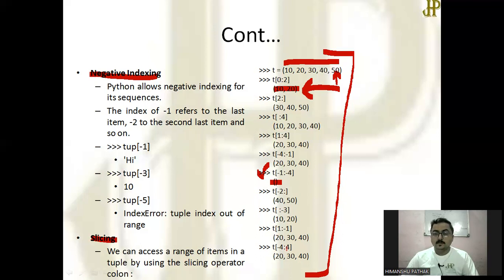So I think it is very clear to you, and I suggest you go to the Python interpreter, create a small tuple, and do the same thing as I did, and check how data are fetched when we supply different values of starting and stop values.